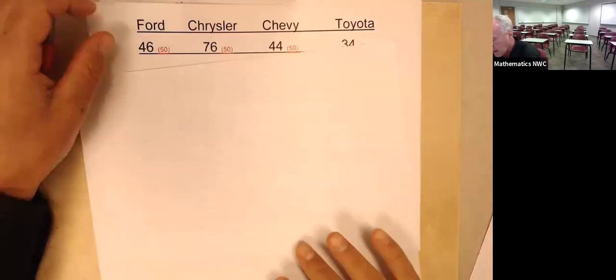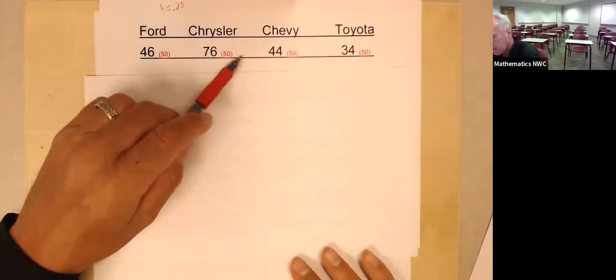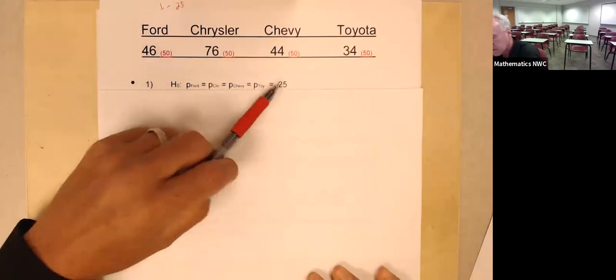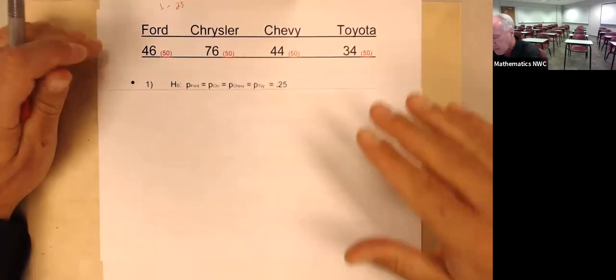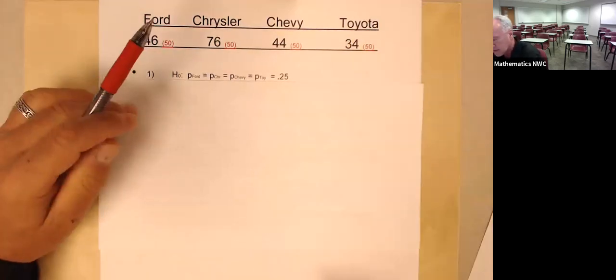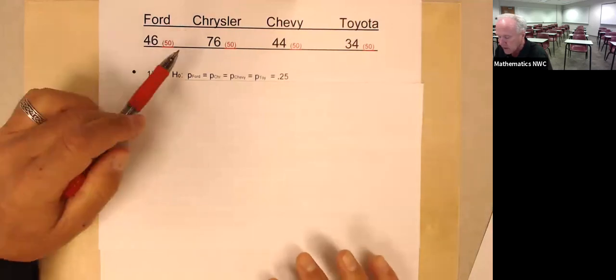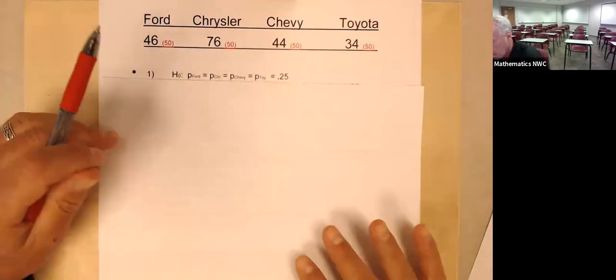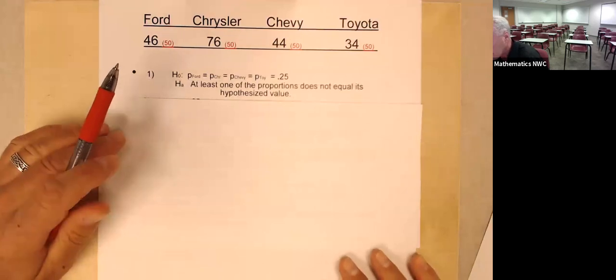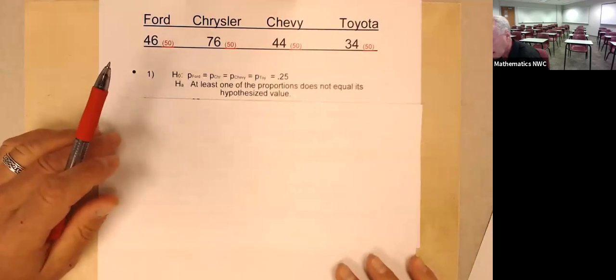You have to calculate that 50. Start off by assuming they're all equal at 25%. That's because I'm not comparing it to 2015 preferences or 2017. I'm just looking to see, is there a preference? At least one of the proportions does not equal its hypothesized value.